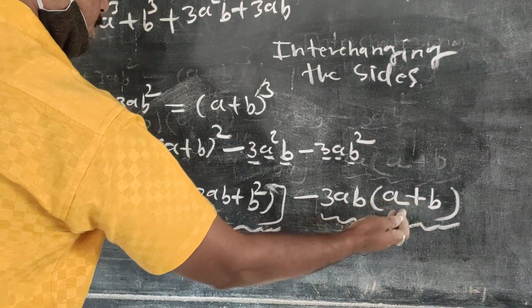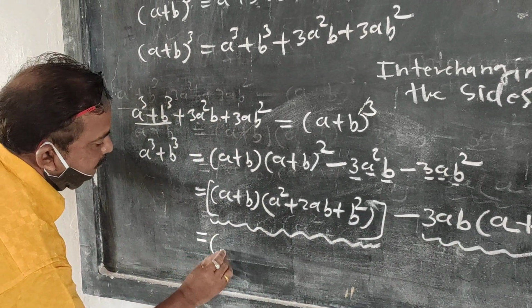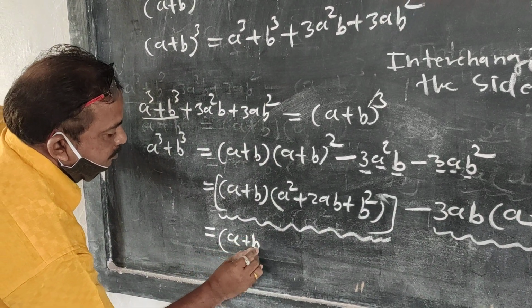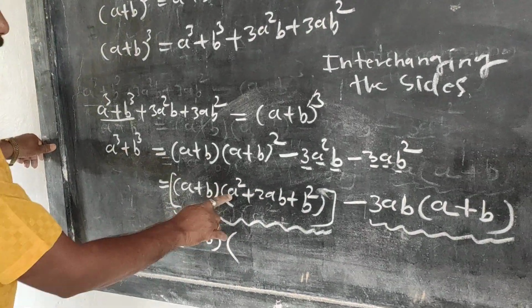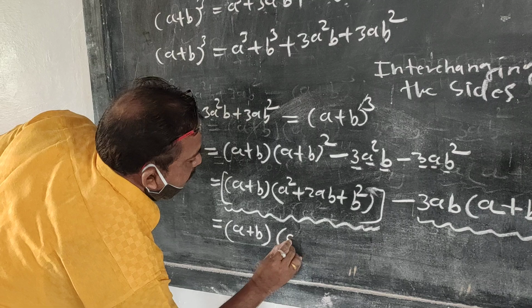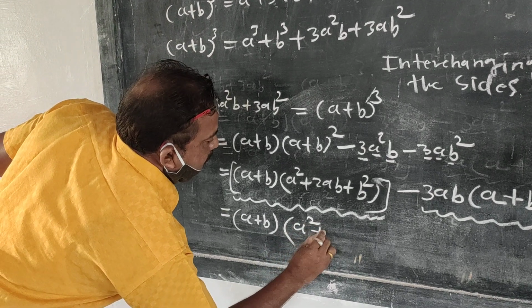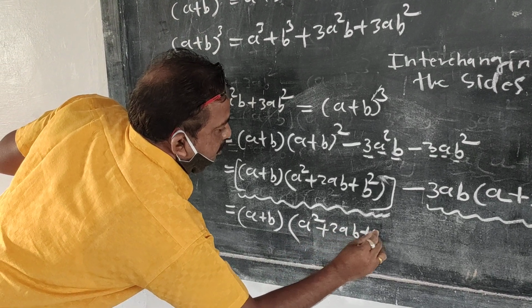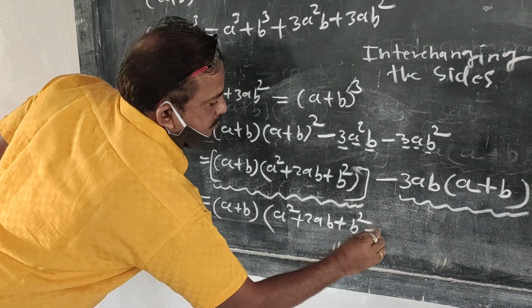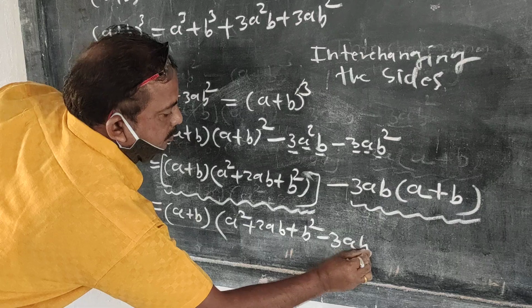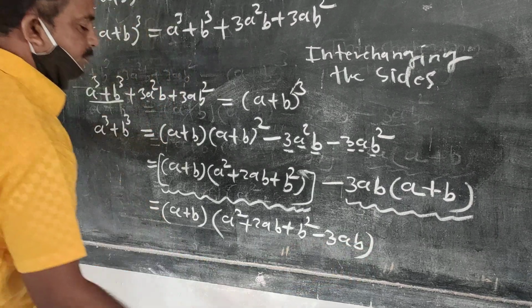So we will write a plus b as the common term, and the remaining terms in another bracket: a square plus 2ab plus b square, and the next term is minus 3ab. Close the bracket.